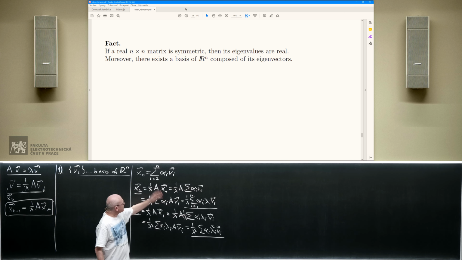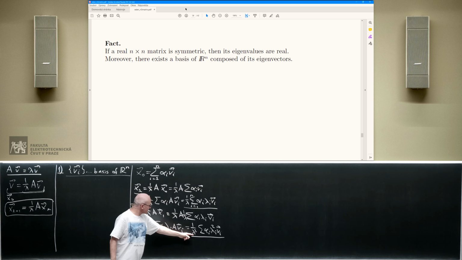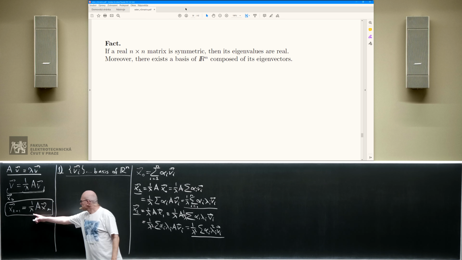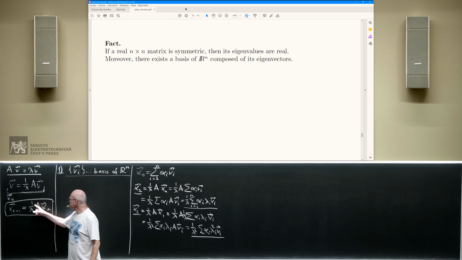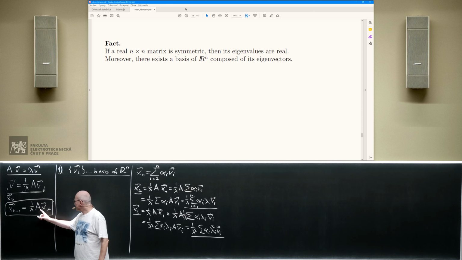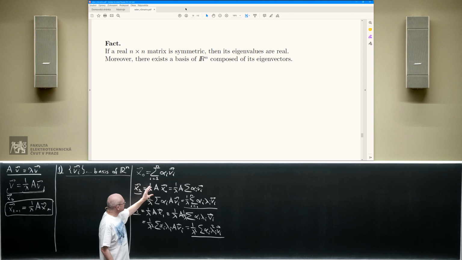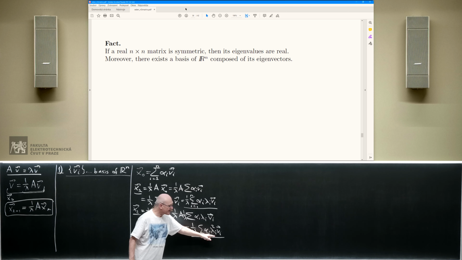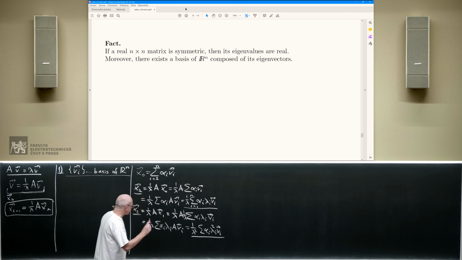Well, with every iteration, there will be an extra lambda in the denominator, which is not surprising because we can see it over here in the formula. With every iteration, we divide by lambda. And with every iteration, we multiply by the matrix. And this multiplication always bubbles all the way to the back and creates an extra power of lambda i, of the eigenvalues.